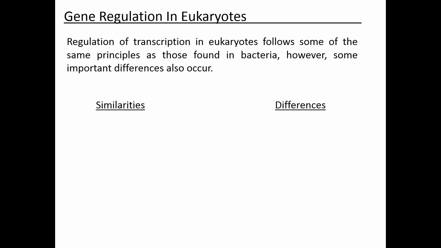And those segments can control the expression of genes by binding either activators or repressors. So that's two similarities. One is that there are regulatory segments of DNA that control gene expression. And another is that you're also going to have activators and repressors, and those two are obviously connected because activators and repressors are going to regulate gene expression by binding to those regulatory segments of DNA.